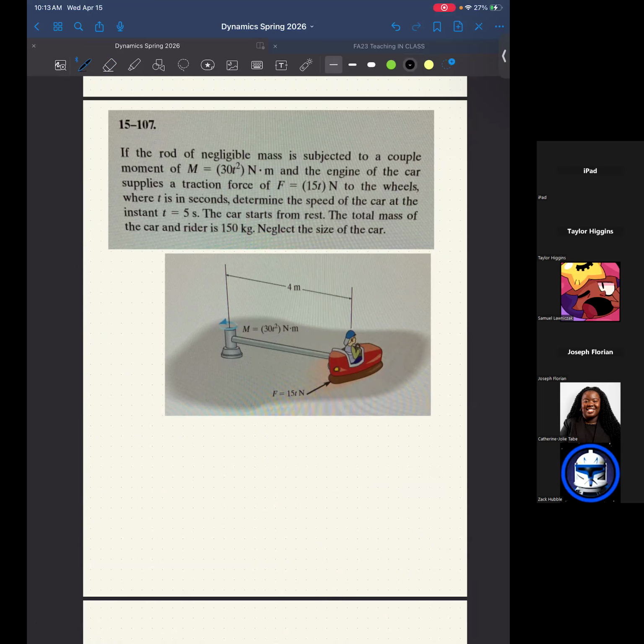I have a question. Yes, Samuel. It says the engine supplies a traction force. Does that mean it's assisting the direction of motion or is it resistance, like friction? You can assume that what they're describing is a force pushing the bumper car. Okay. Yep, just like it's drawn.